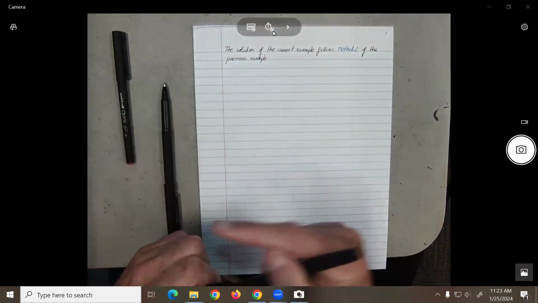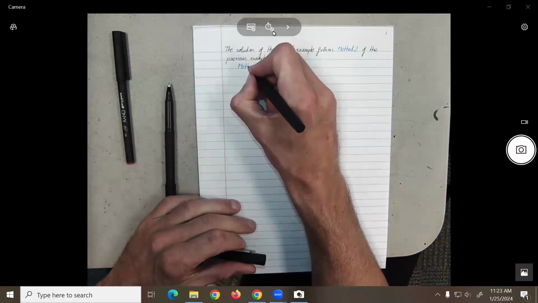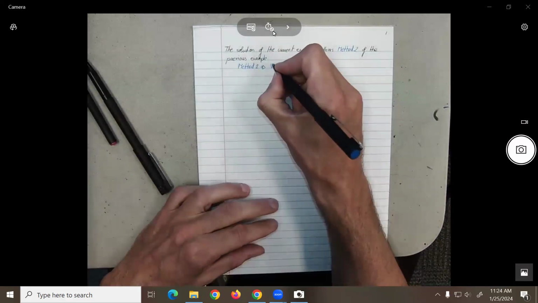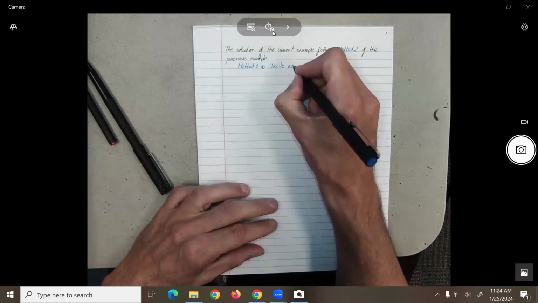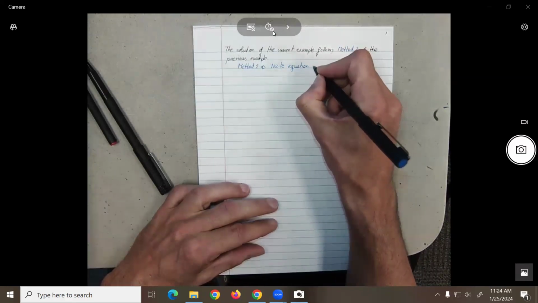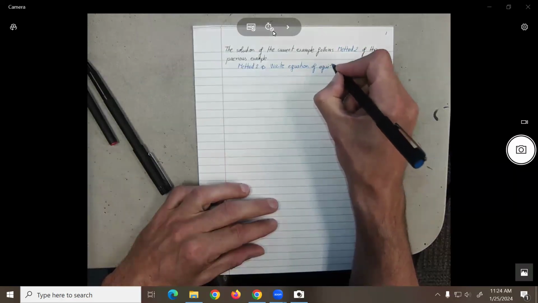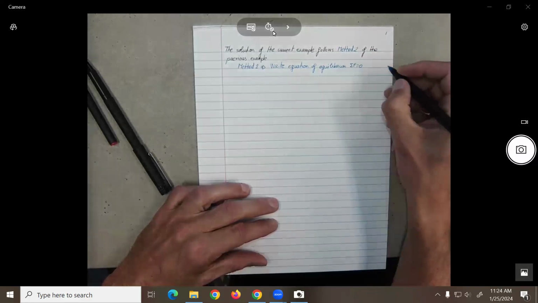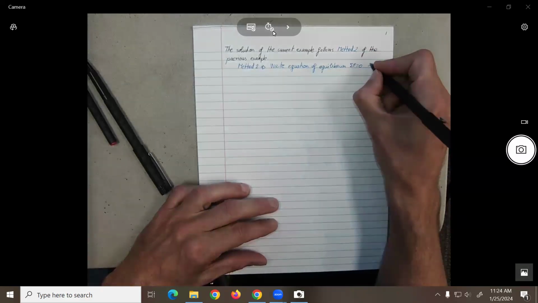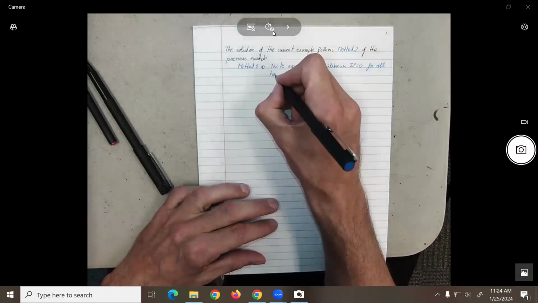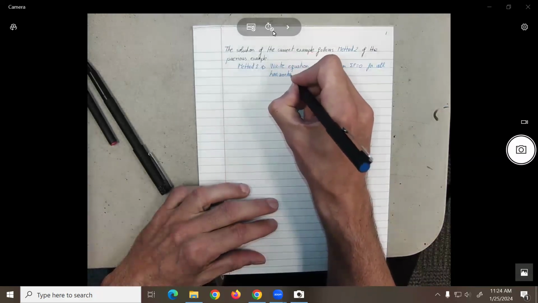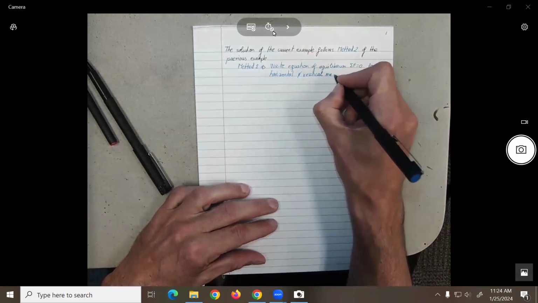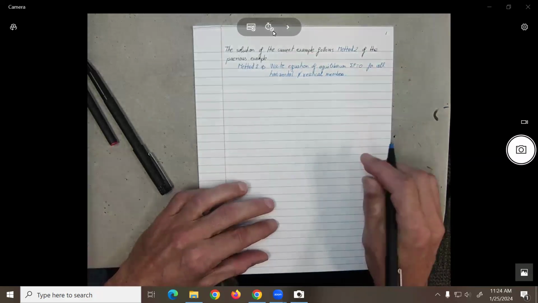So basically, what is method 2? We write the equations of equilibrium, summation of forces equals 0, for all horizontal and vertical members.